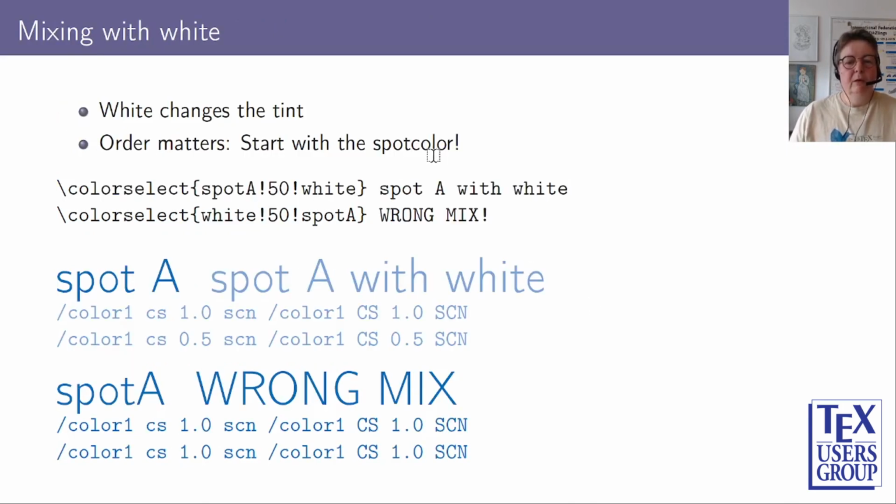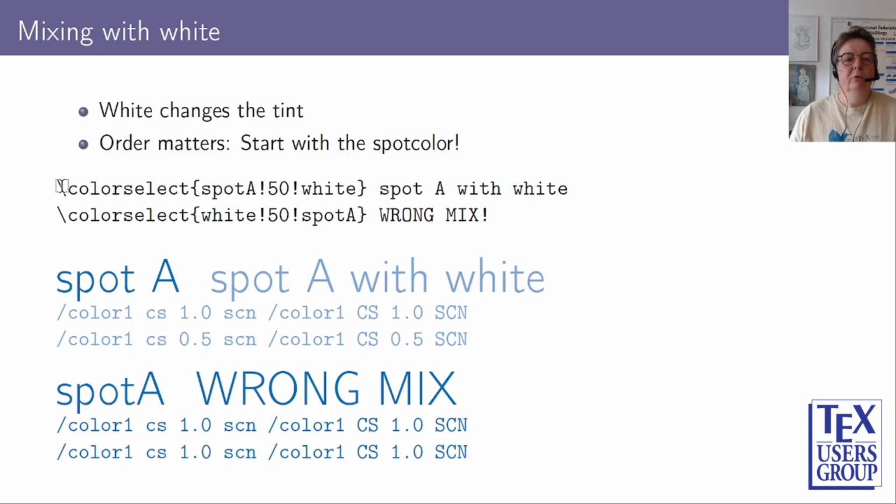We want to mix our colors. That's quite normal. Mixing with white is quite straightforward. White simply changes the tint, and this is what you actually want. But you must pay attention regarding the order. You should always start with a spot color in a mix.